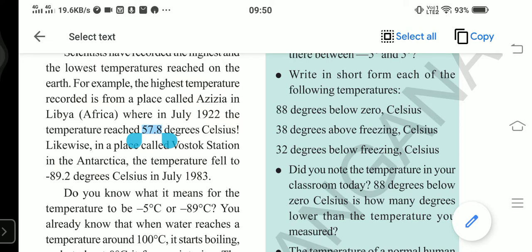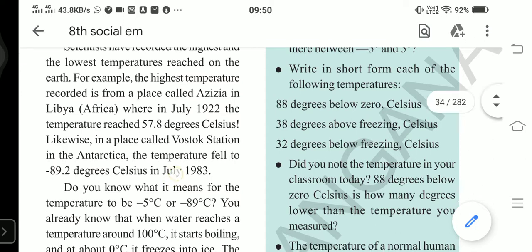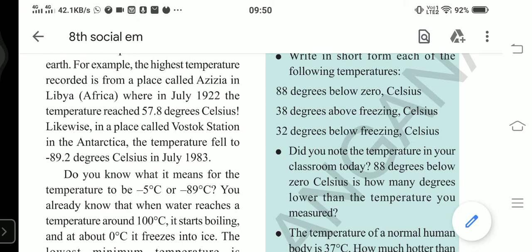This is the highest temperature recorded in the world. So far there is no higher temperature than this one. Till today it is the highest temperature in the world, recorded in July 1922 at Ajijia in Libya of the African continent. Is it clear, my dear students? That is the highest temperature of the world.